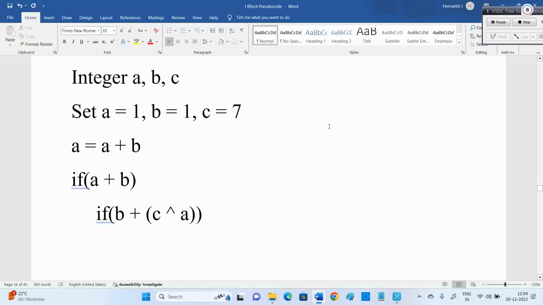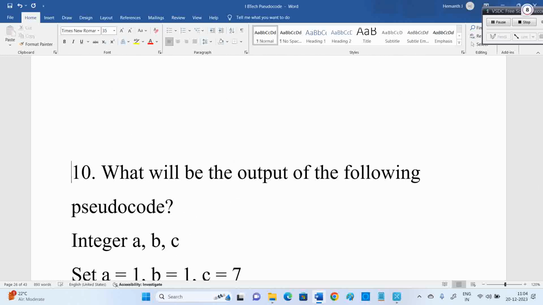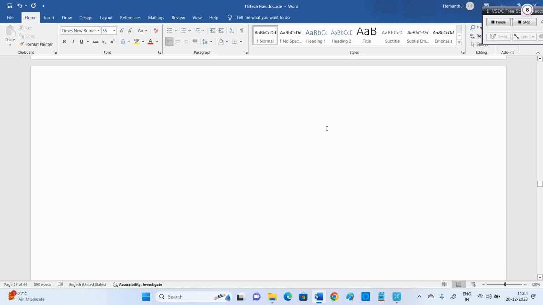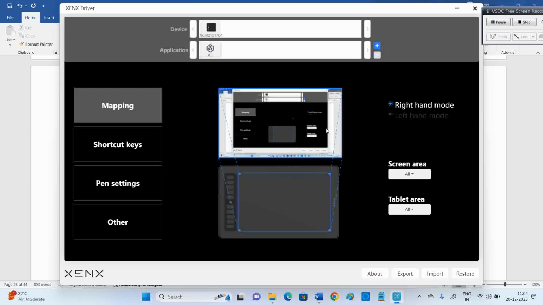Now let's see this one. Before entering into this 10th question, I hope you have some empty pages. Use them for the XOR operation, the XOR operator.